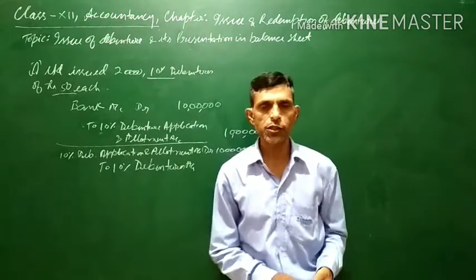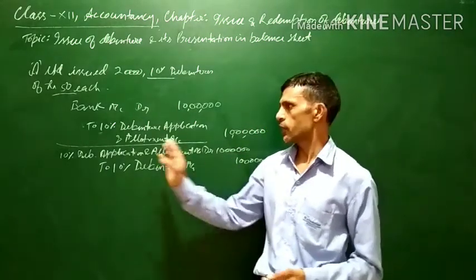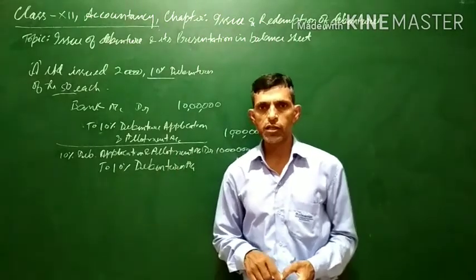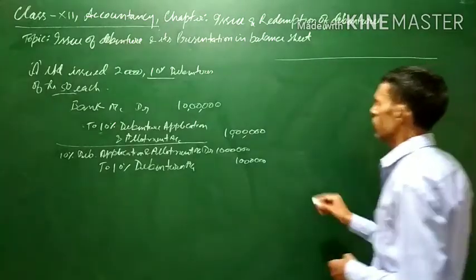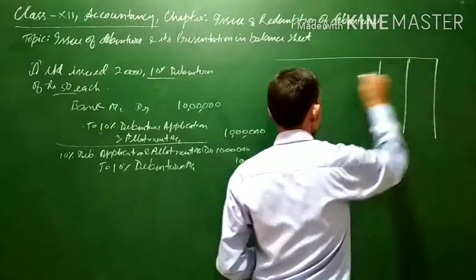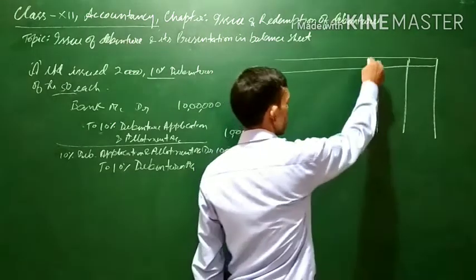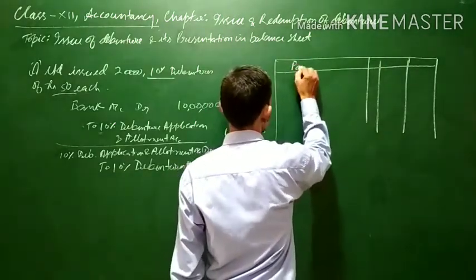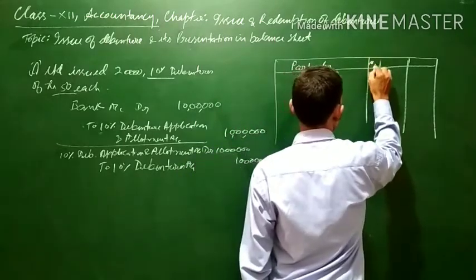Now, its presentation into the balance sheet. Here only the relevant items related to the debenture will be written in the balance sheet. As you know, the format of the balance sheet is very clear. Two columns will be there, one for the current year and one for the previous year, one for note number, and here particulars will be written.